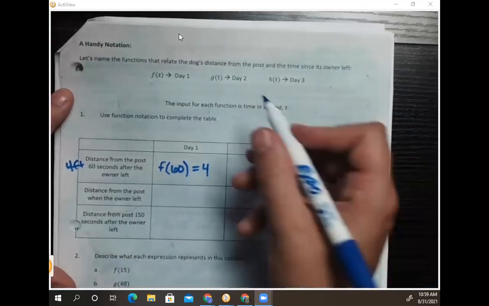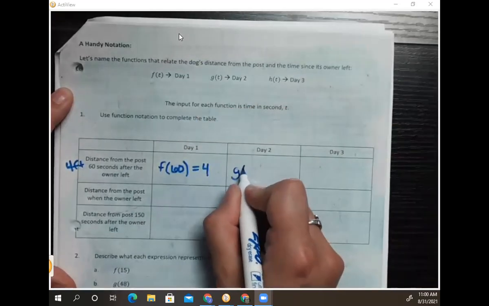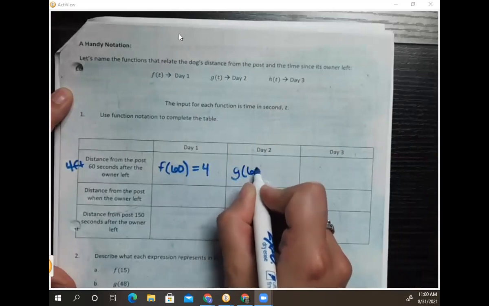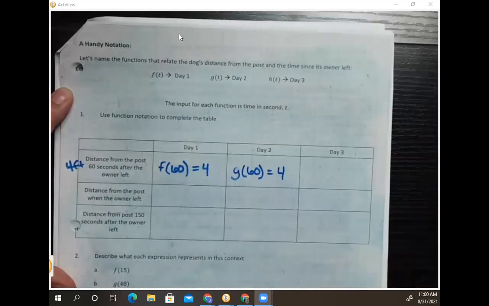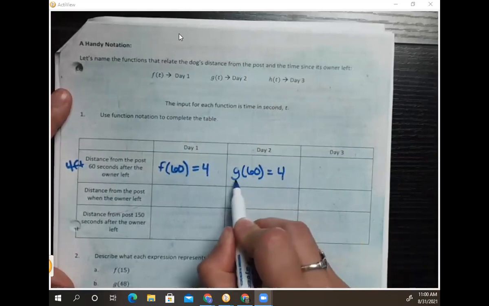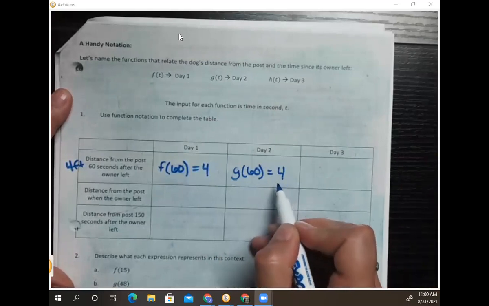For day 2, we're going to use g. So g of 60 equals 4. That distance again was 4 after 60 seconds for day 2 from our graph. So g of 60 equals 4. So this tells me that on day 2, 60 seconds after the owner left, the dog was 4 feet from the post.